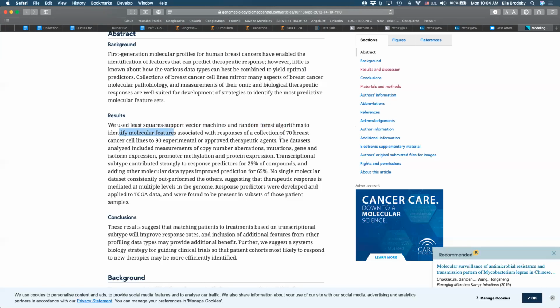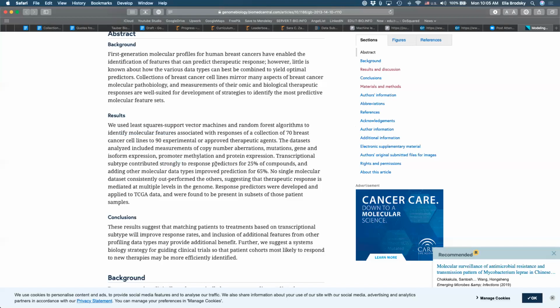But from where? So they had 70 breast cancer cell lines and 90 experimental or approved therapeutic agents, right? So now we can see and combine omics data with other types of high throughput data and combine them together. Why do we need to combine them together? Well, what they found was that transcriptional subtype, which is subtype based on just gene expression alone, is a very strong indicator, right?